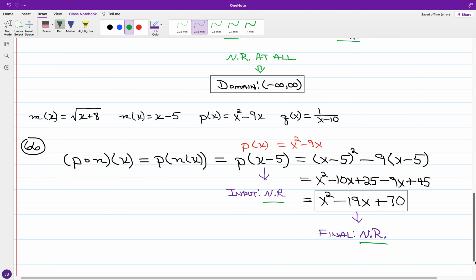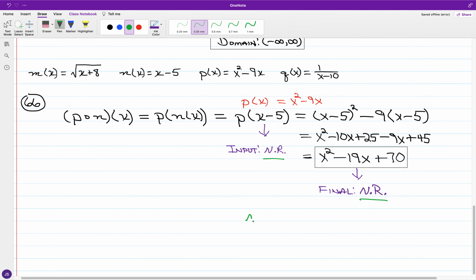So between the input and the final output, again, we have no restriction at all. So in this case, the domain is again going to be the set of all real numbers.